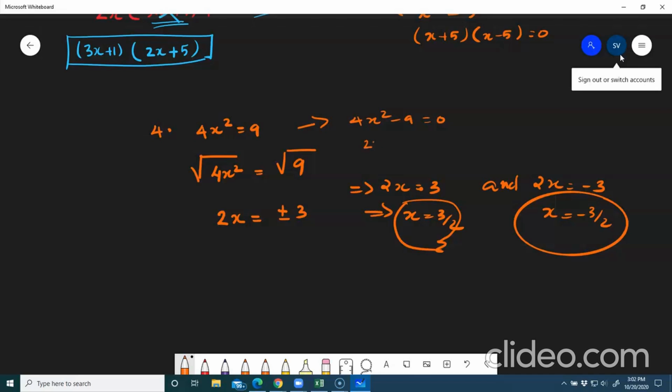So you can write this as 2x the whole square minus 3 the whole square. You can rewrite this as 2x minus 3 into 2x plus 3. Okay, these are the factors, but because that's the final problem, I just found the solutions.